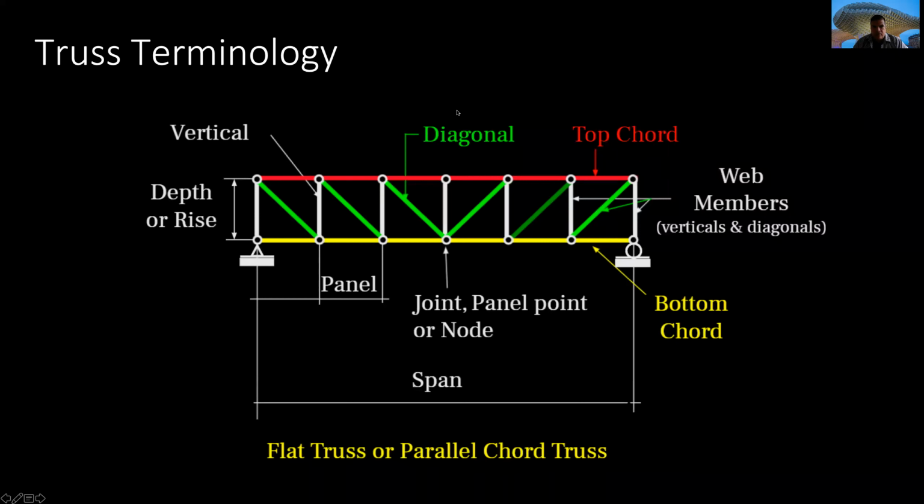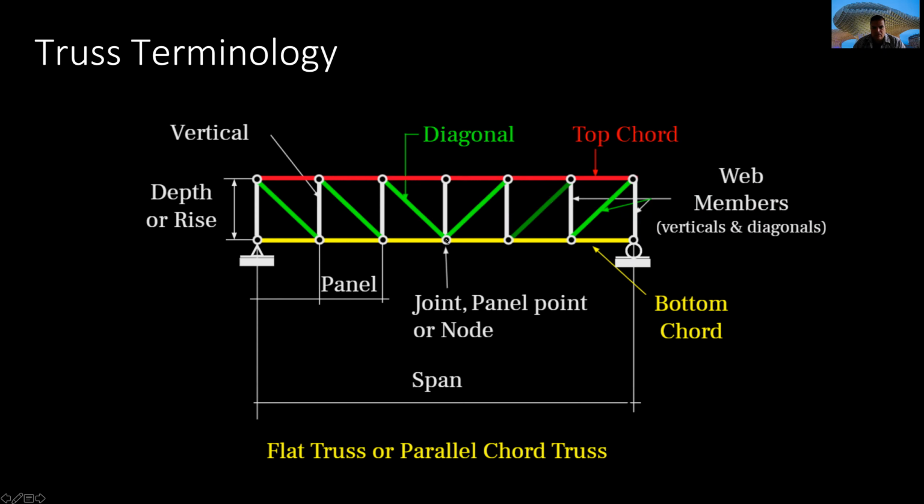Truss terminology is very important and you need to learn each one of the members. As we can look here, we have a top chord in red color, diagonal elements in green color, vertical elements in white color, and finally the bottom chord in yellow color.